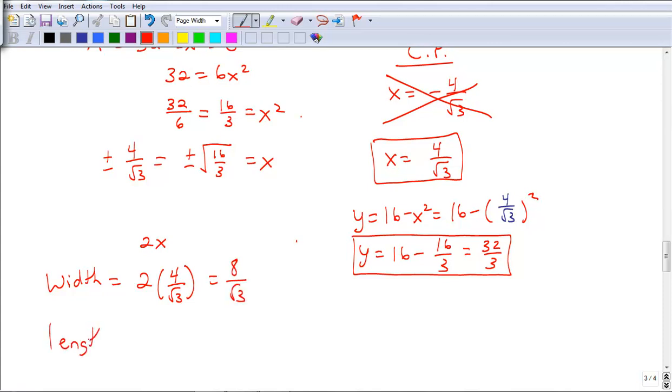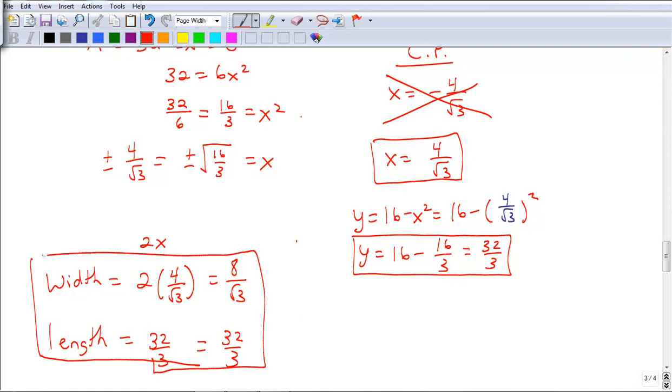If I want to find the length, that's just y, so that's 32 over 3. And so those are the dimensions of the largest rectangle. The area is the width times the length, 2xy. So I get 8 root 3 times 32 over 3.